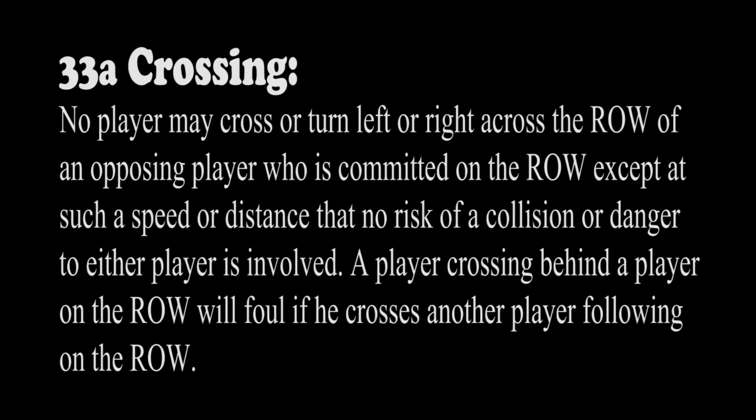If a player crosses the way or turns either right or left on another player carrying the ball, he will be committing a foul, unless there is enough distance and the play has a speed that does not represent danger to any of the parties involved. It is also a foul if this player would do the same on a third player following the one that carries the ball. Let's see some examples.